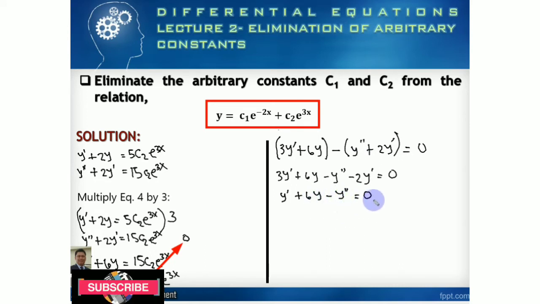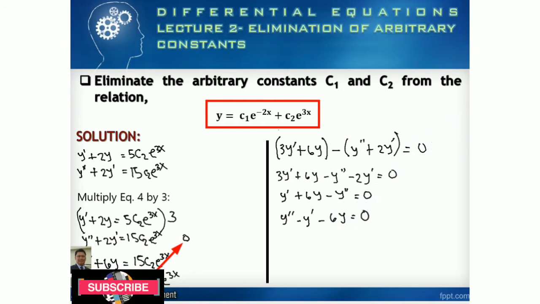So if we are going to transpose to the other side, this will just equal now to y double prime. So here to the other side, this could become positive, and this y prime would become negative y prime, and then transposing to the other side, minus 6y is equal now to 0.